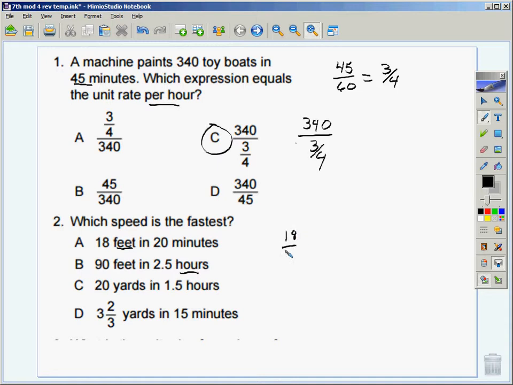So 18 divided by 20 divided by 60 to change my minutes to hours would be the same as 1/3. 18 divided by 1/3, if I keep, change, and flip, would be 54 feet in an hour for part A. In part B, I'd take 90 divided by 2.5.